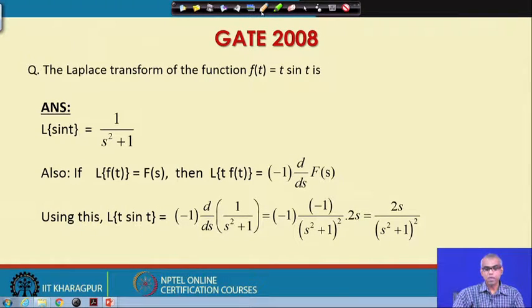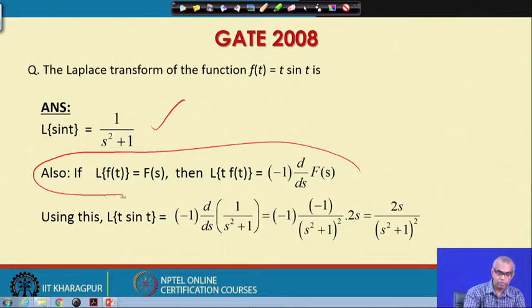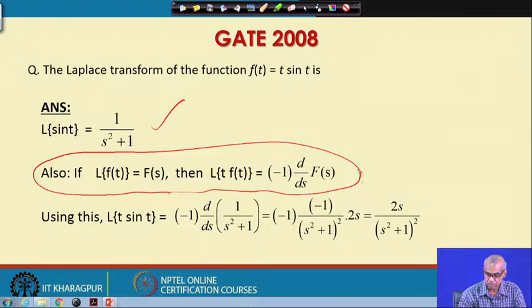Laplace transformation of sin t is 1 by (s square plus 1), and we know if the Laplace transformation of f(t) is F(s), then the Laplace transformation of t f(t) equals minus 1 into dF(s)/ds.